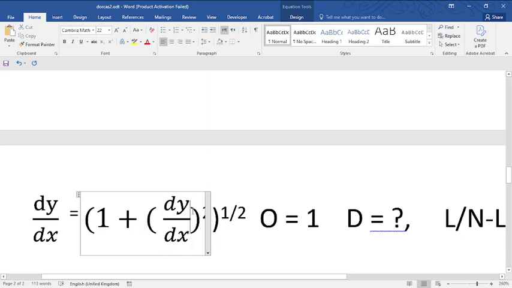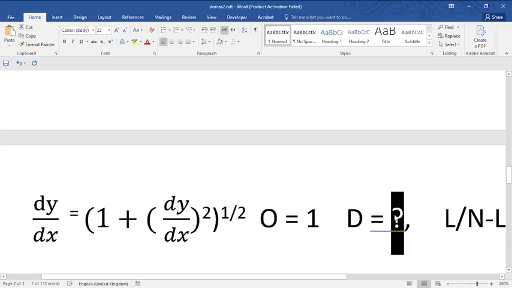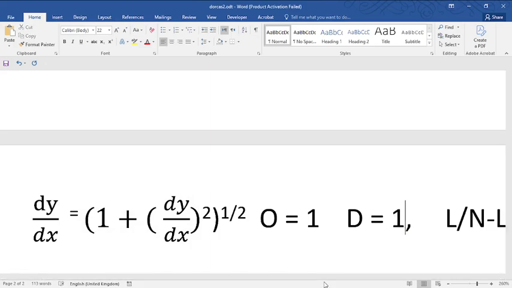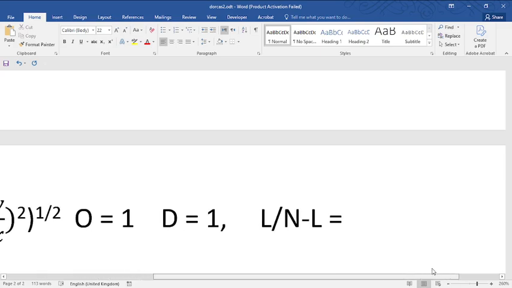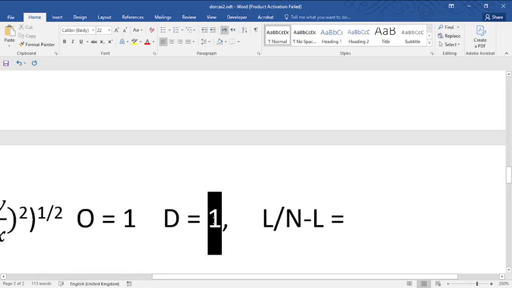They differentiated them once, and since both of them equal 1, they differentiated both of them once. Which one has the highest power? Here, don't forget, we are just left with the power of 1. Here also, we can say that it is raised to power 1, because anything raised to power 1 is still itself. That is to say, our degree is going to be equals to 1. Since our degree equals to 1, definitely it is not a polynomial equation. It is going to be a linear equation.